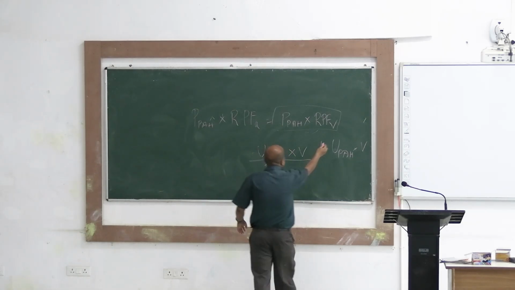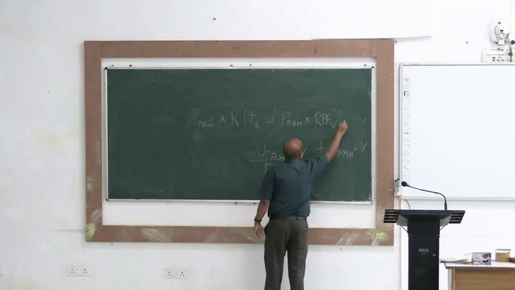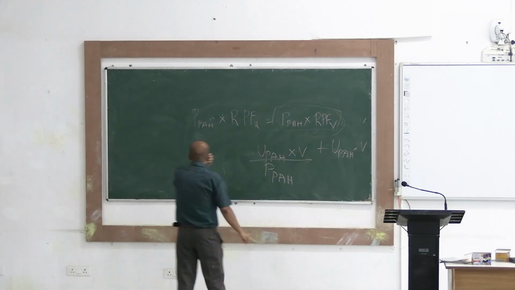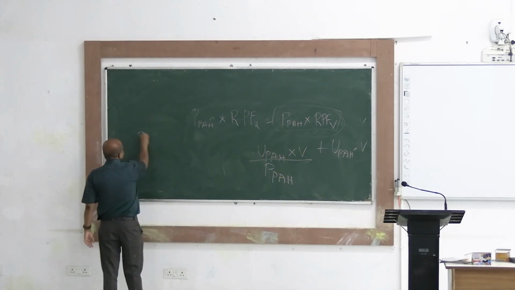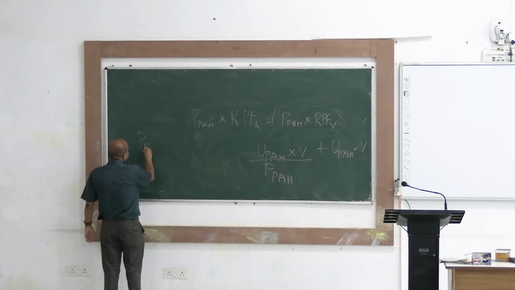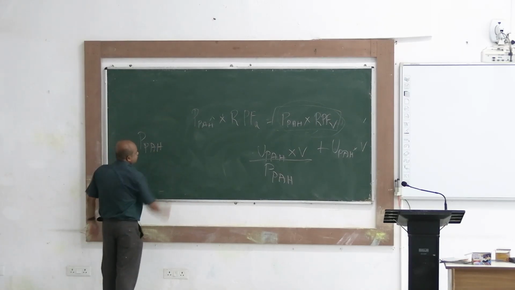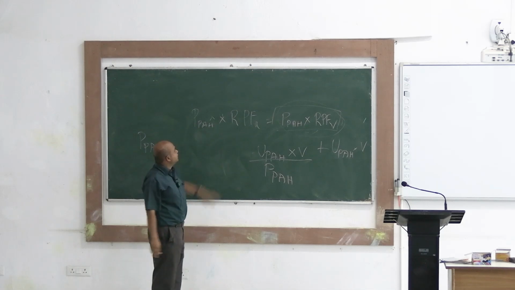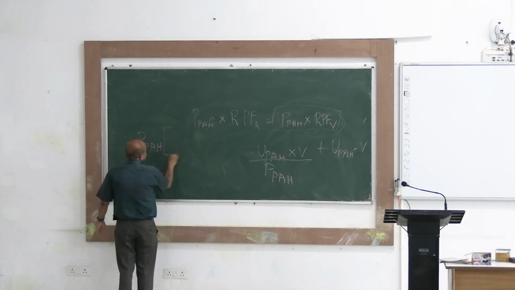So we are considering it does not go back into the vein. So this part becomes 0. Otherwise, this is the effective renal plasma flow. If we have to consider that that is not 0, then we have to do it like this.